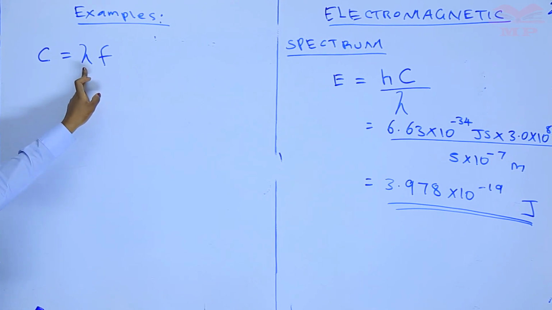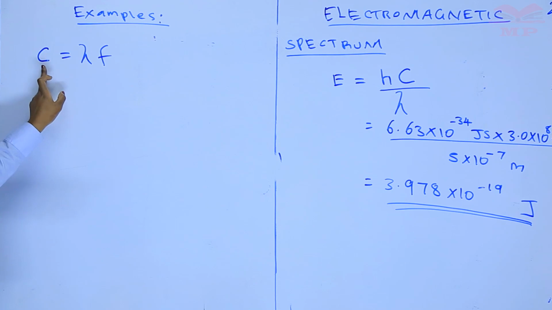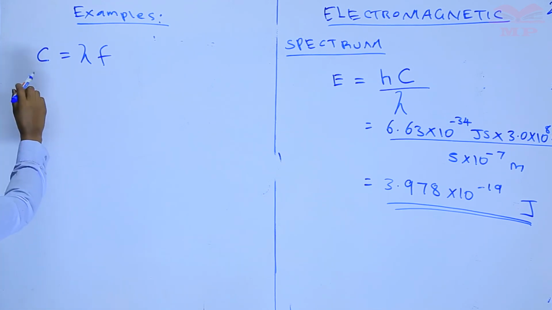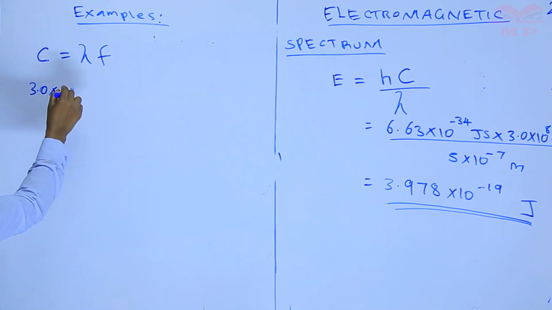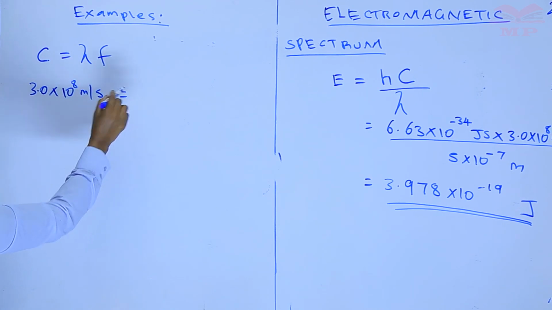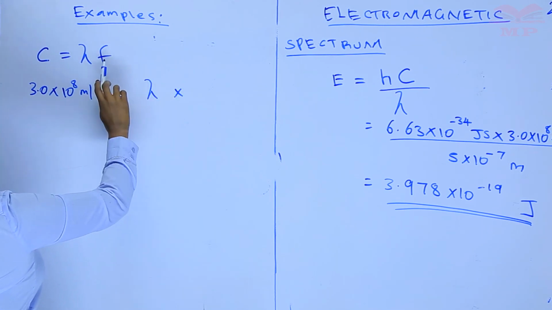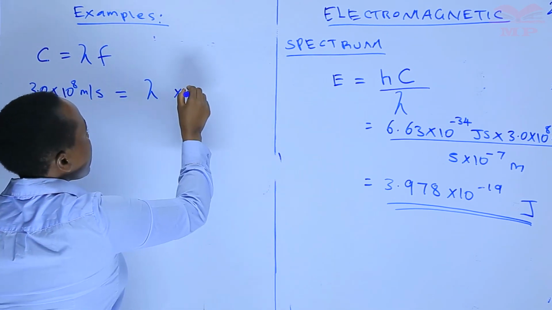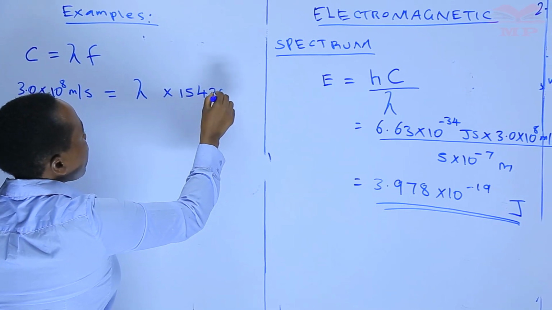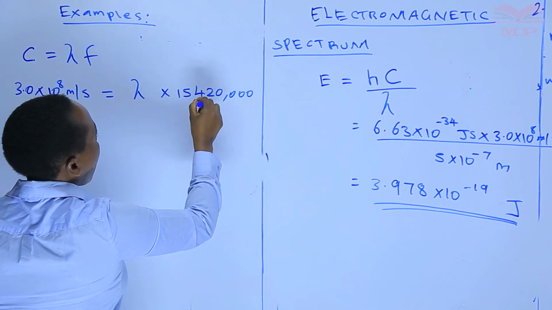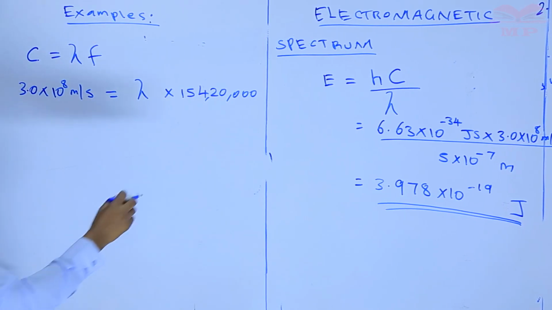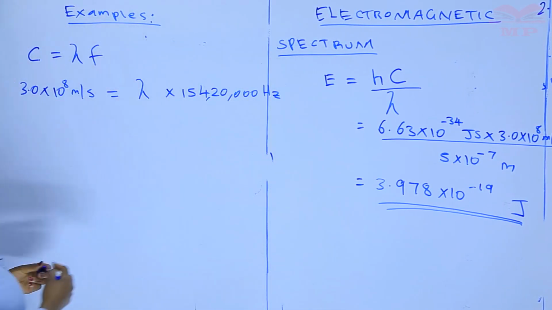We can make it the subject of the formula, or simply substitute what we have. So we have our C as 3.0 times 10 power 8 meters per second equal to wavelength, which is in question, multiplied by the frequency, 15,420,000 hertz. We want to get the value of lambda, which is the wavelength.